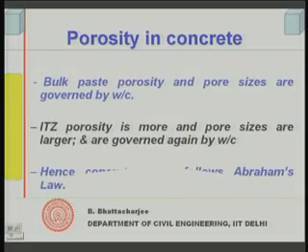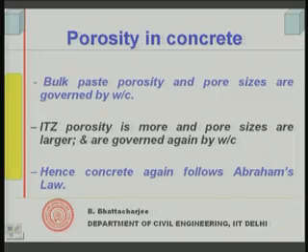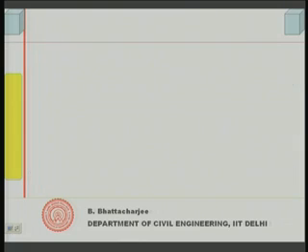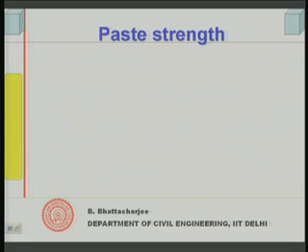Therefore, water cement ratio again is a major factor which governs the porosity and pore sizes in concrete as well. Not only in paste, but in concrete also, porosity and pore sizes are governed by water cement ratio. So, concrete again follows the same Abraham's law that we are talking about, right.